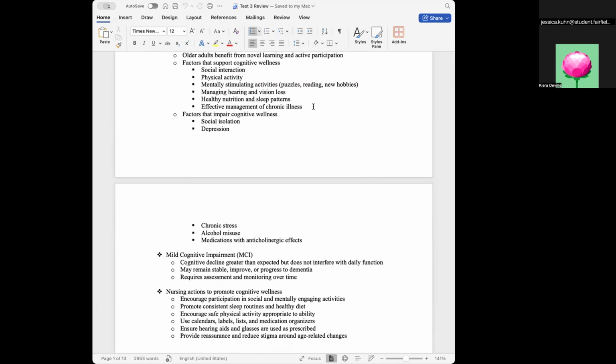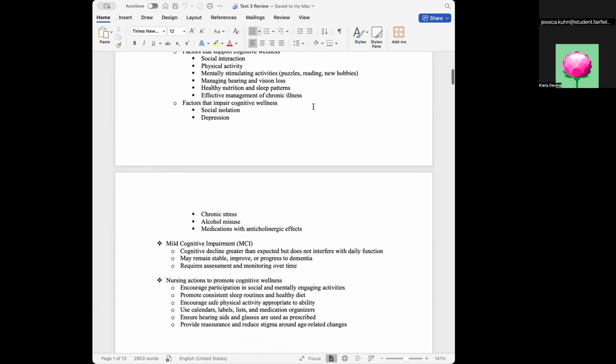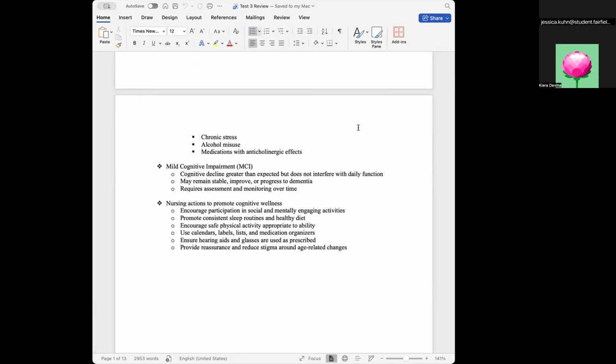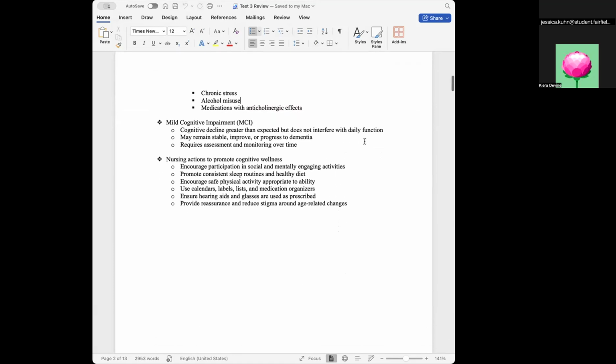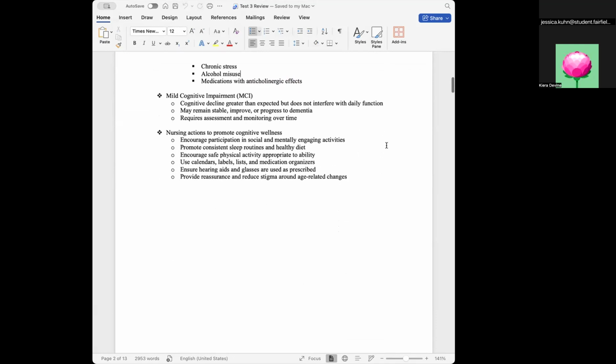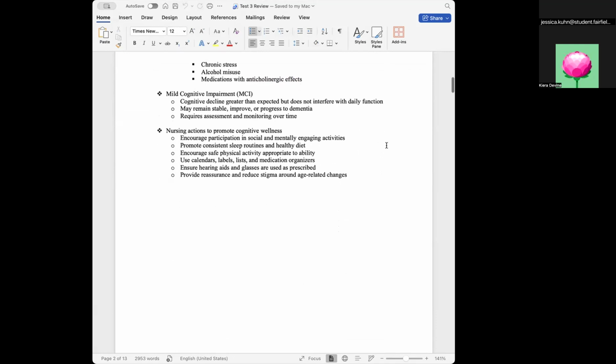Obviously, the sicker you are, the harder it is for you to maintain yourself mentally sharp. Factors that impair cognitive wellness would be isolation, depression, chronic stress, misuse, and medications with anticholinergic effects, which you guys should know from last test that elder adults should not be taking anticholinergic medications at all.